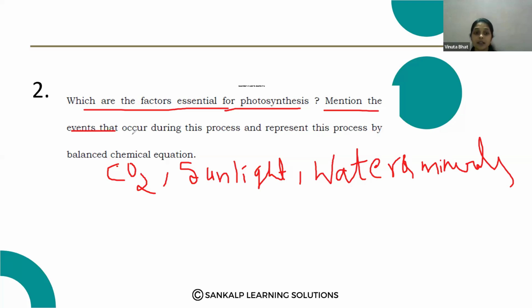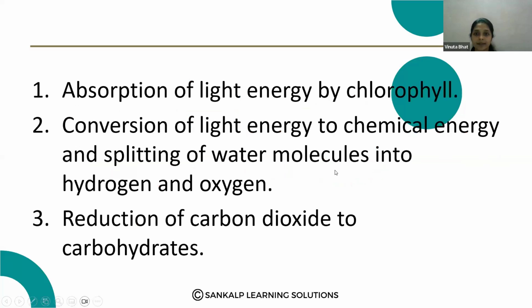Mention the events that occur during this process and represent it by a balanced chemical equation. So what are the events that occur during photosynthesis? Absorption of light energy by chlorophyll, conversion of light energy to chemical energy, and splitting of water molecules into hydrogen and oxygen.